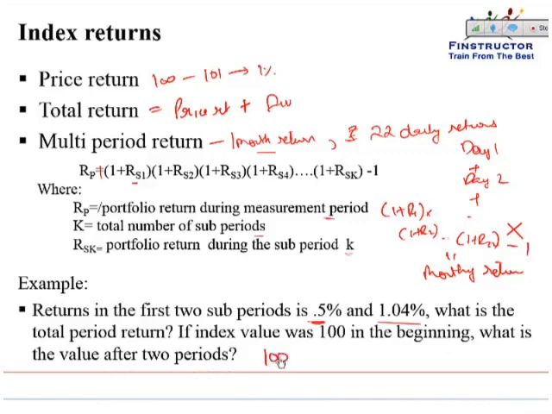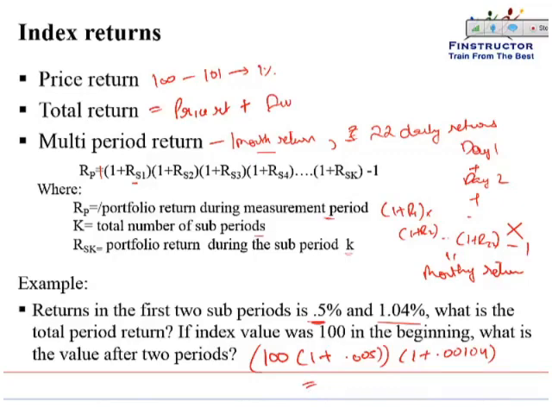If 100 was the value in the beginning, after the first period the value would become 100 into 1 plus 0.005, that's 0.5%, and after the 2 periods this entire value would again go up by 1.04%, so it would be 1 plus 0.00104. This will be the value of the index at the end of the periods.